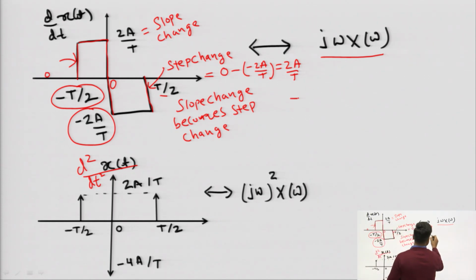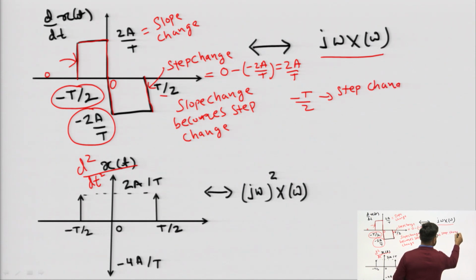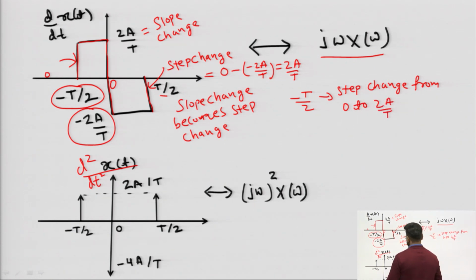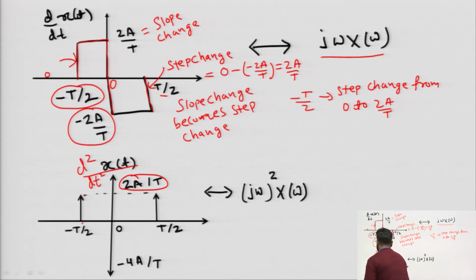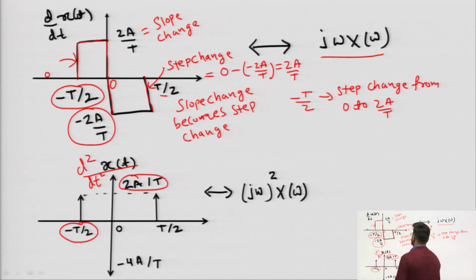So, at minus t by 2 step change from 0 to 2a by t. So, minus t by 2 पर मेरा स्टेप चेंज हुआ डी बाई डी टी ऑफ एक्स टी में. सो इट विल लीड टू एन इम्पल्स ऑफ वैल्यू 2a by t. So, at minus t by 2 it will generate an impulse.